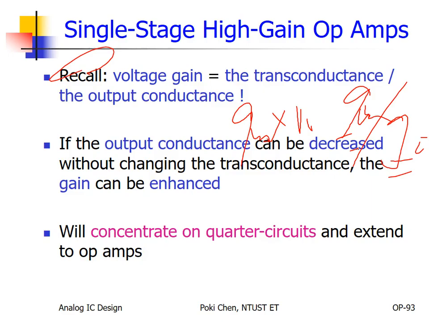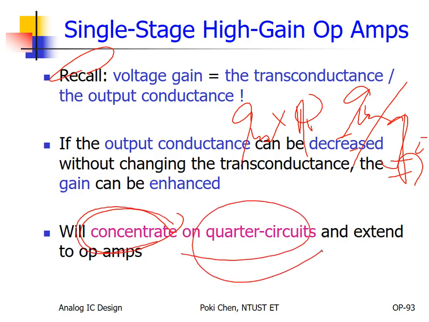If you would like to increase the gain, then you need to reduce go, I mean output conductance, or increase the output resistance. Anyhow, how do you make it? Never mind whether the op-amp is simple or complicated. According to our systematic design, you only need to concentrate on the quarter circuit. That's it. Okay?